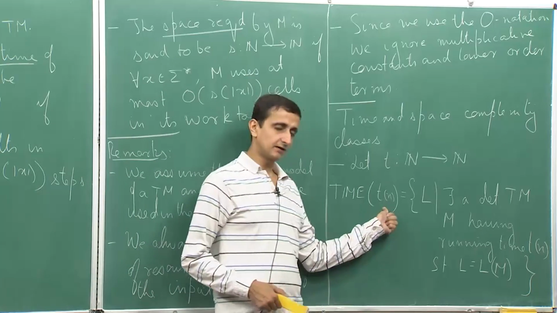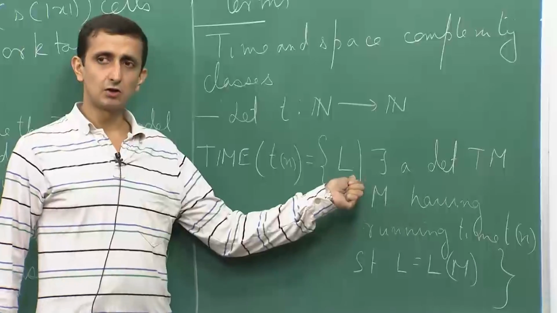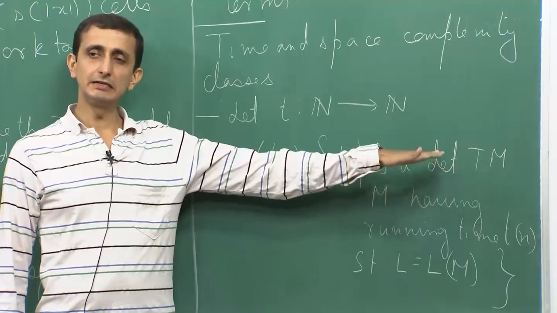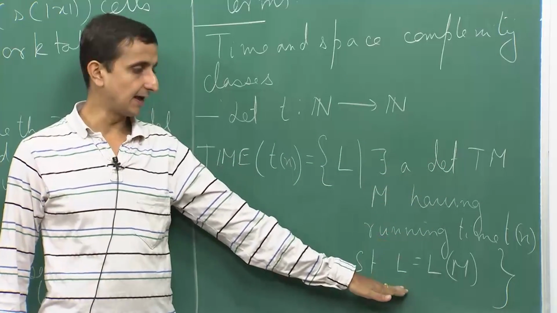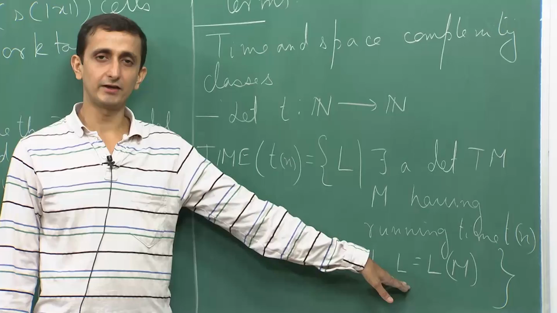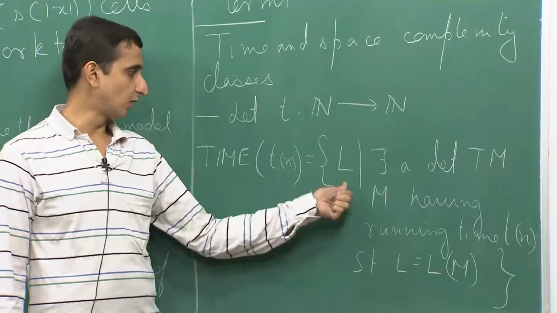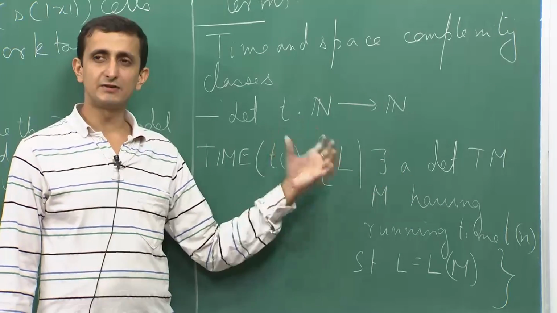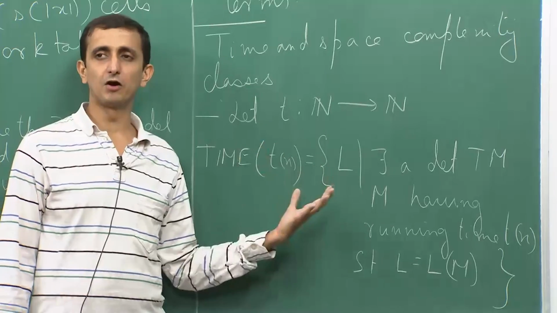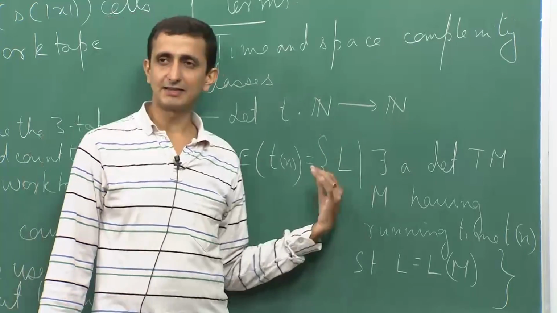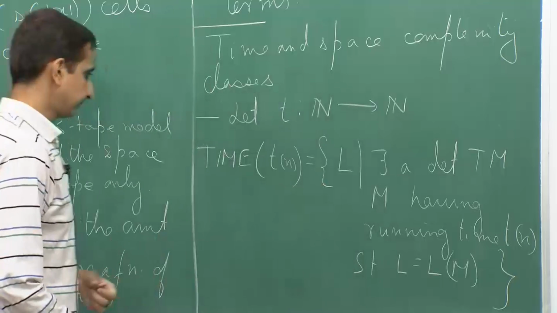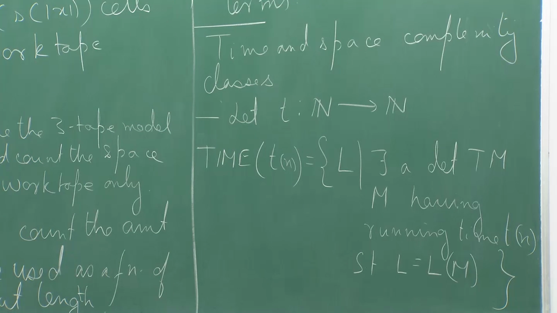So, TIME T of n consists of all languages for which there is some Turing machine that has running time T of n and it accepts the language L. Okay. So, basically all languages for which we have some algorithm or some program which runs in that many number of steps. Okay. So, that is the idea.